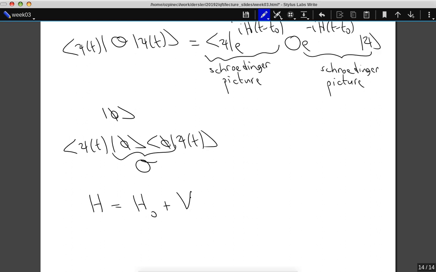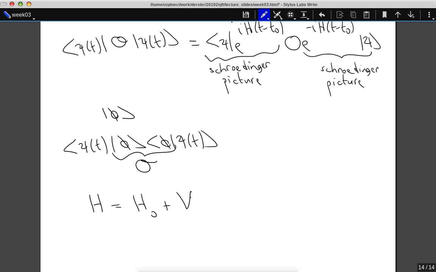So what we will do is, we will evolve the operators themselves, as in the Heisenberg picture, using H0. That is, we will say that the operators evolve as if there were only H0. But then there's the influence of V. Well, we will take into account the influence of V by a time evolution of the states.